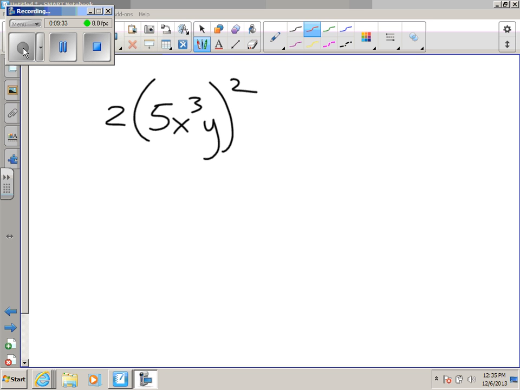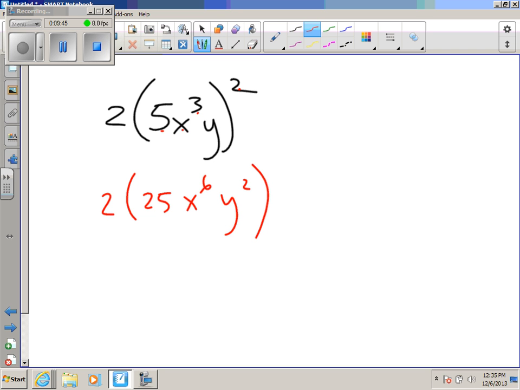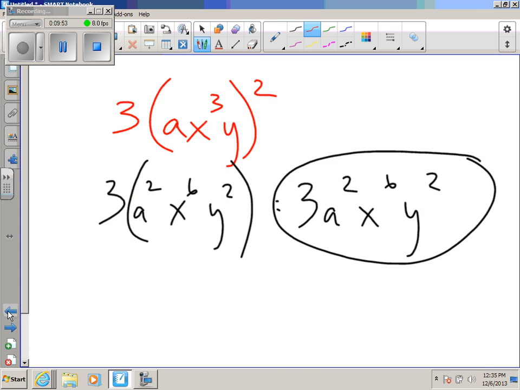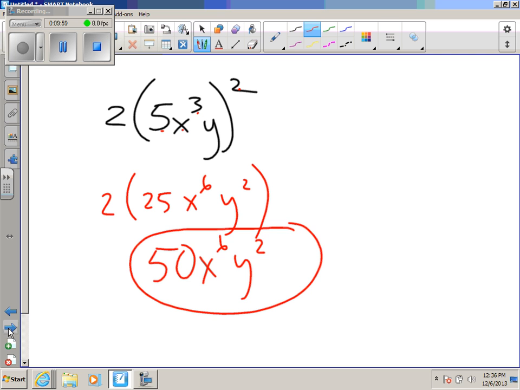So 5 squared is what? 25. X to the, y to the, okay? 2 times 25. Why didn't we do it with the other one? Because there was no integer on the inside. That's why. Right?